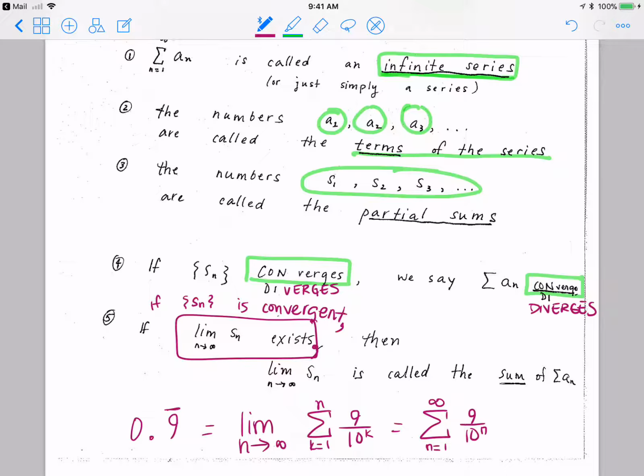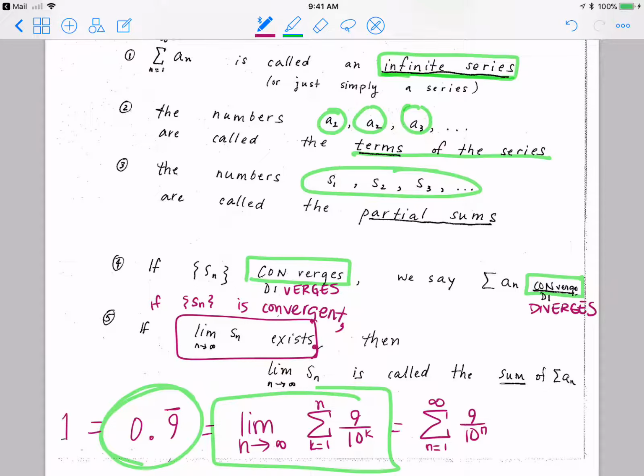We want to know what is the sum of 0.9 repeating. That's the same thing as saying, let's compute this limit. Now, you probably were told that this is equal to 1. Now we're at a place where we have the machinery to prove that 0.9 repeating is equal to 1, meaning we can compute this limit.